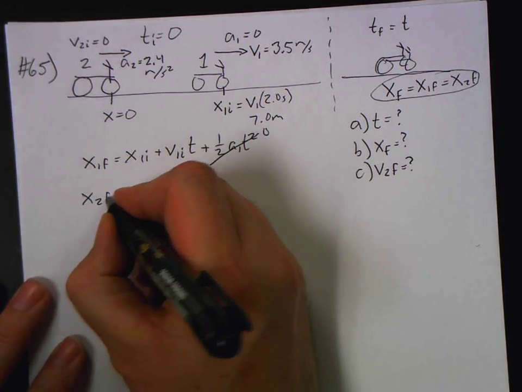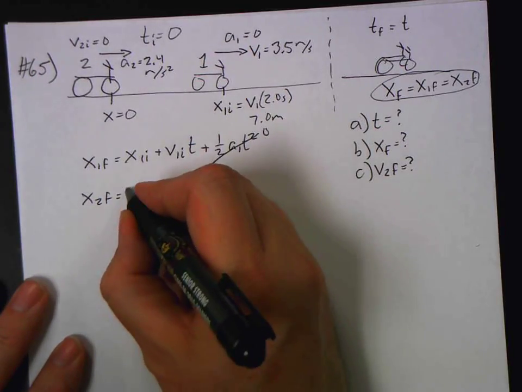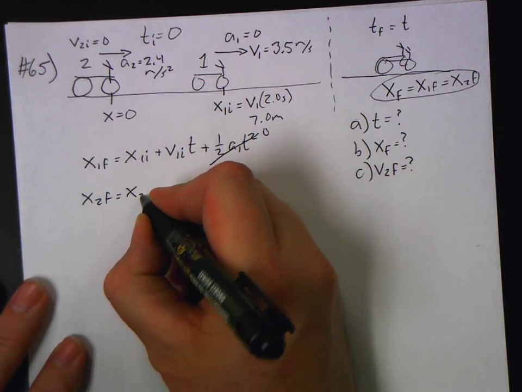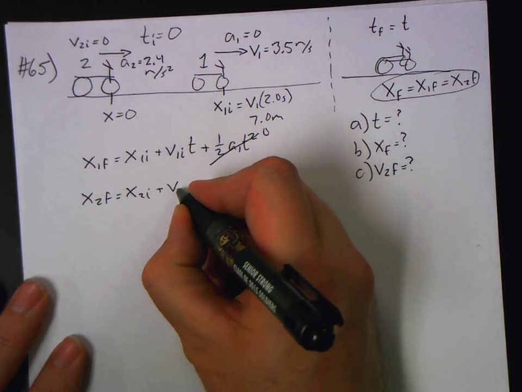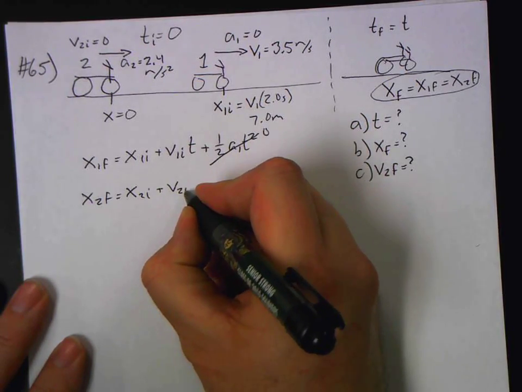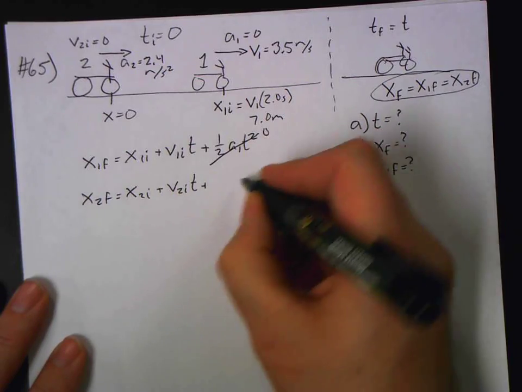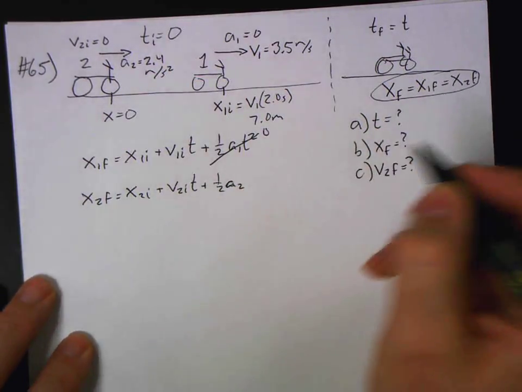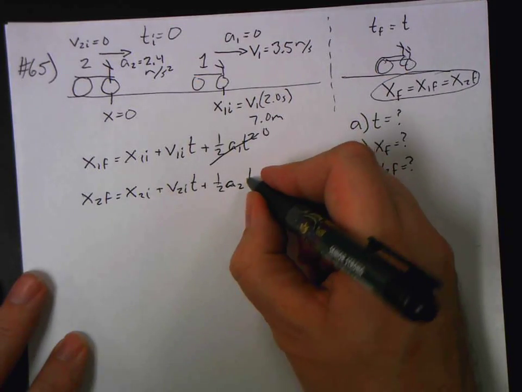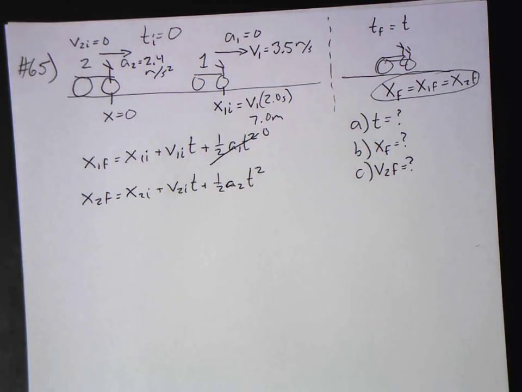For bicycle 2, the guy who hops on his bike, the general expression is x2 initial plus v2 initial times time plus 1/2 the acceleration of bicycle 2 multiplied by the time duration squared.